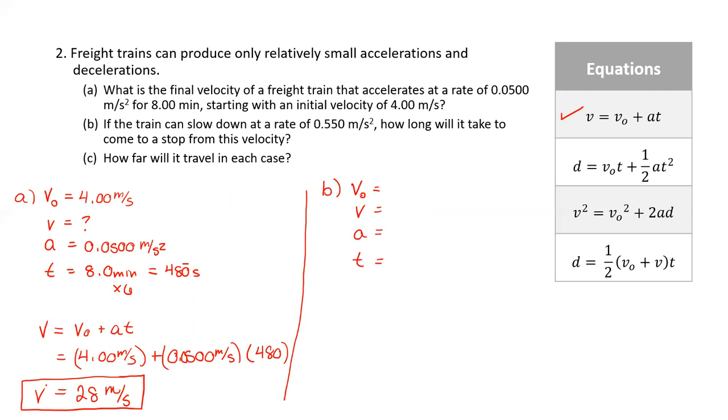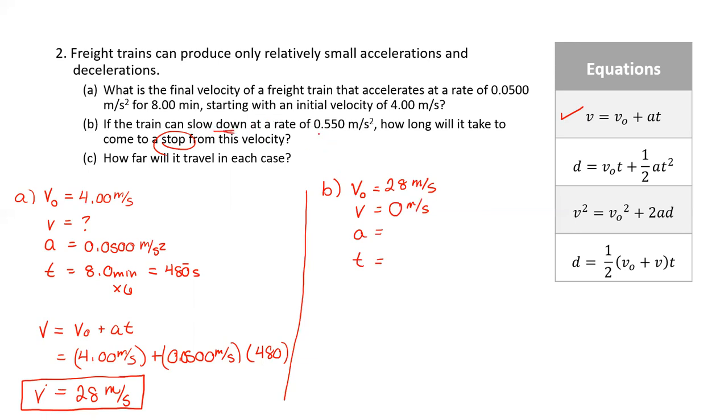So initial velocity, we're starting from the original speed, so 28 meters per second. It's coming to a stop. Stop means we have 0 meters per second when we finish.